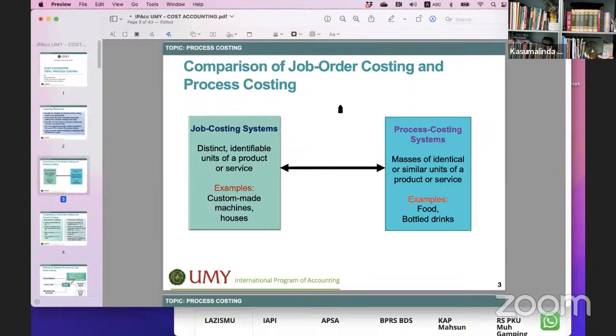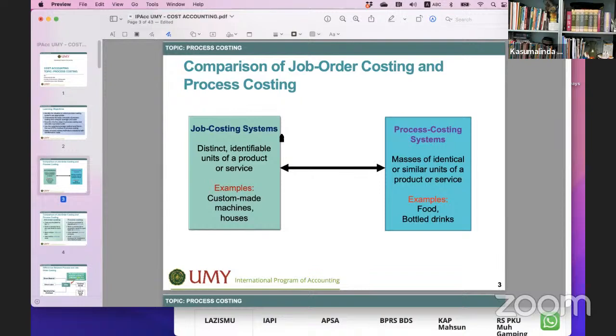But for job order costing, the company produces a distinct product for each order. For example, a construction company that builds houses. Customer A, let's say Ali, goes to the company and asks to build a house with a certain design, and the second customer B also goes to the same company and asks to build her house with a different design.